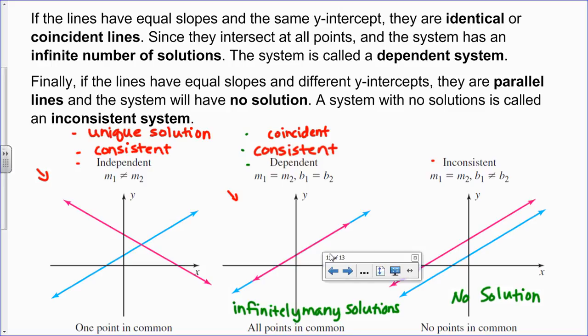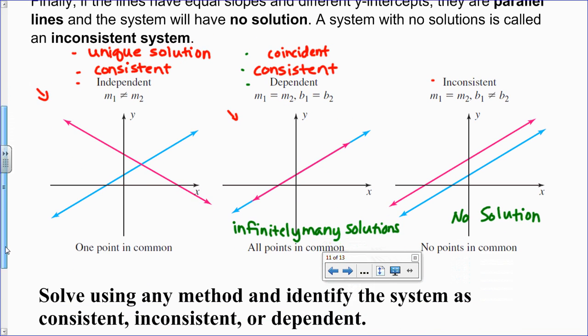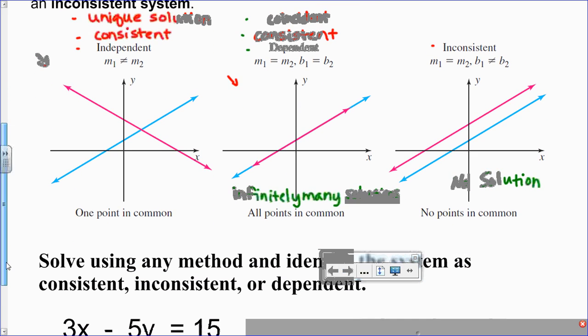It's x and y's both cancel. So we'll look at a couple examples.